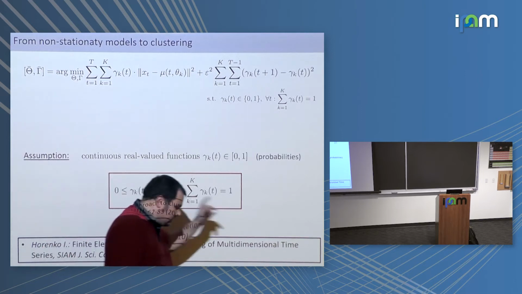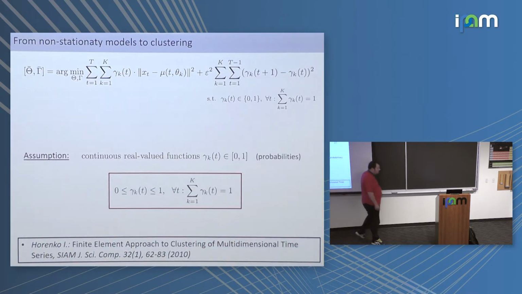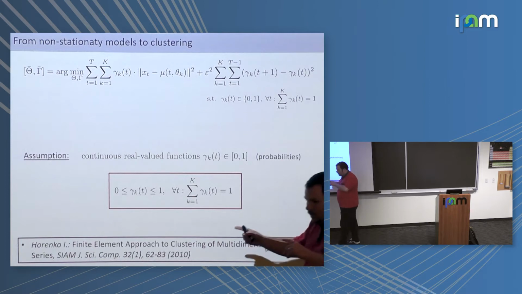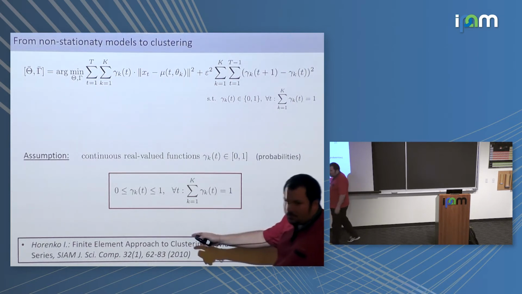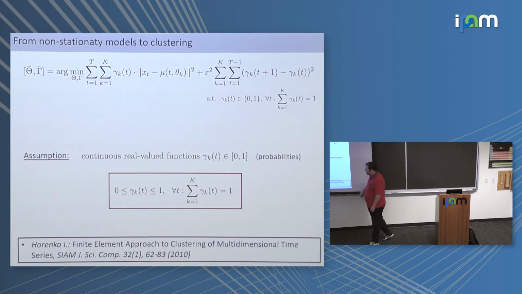Actually, in this case, these gammas can be considered to be probabilities of the point belonging to the regime. So we will not make hard clustering like 0 and 1, but now we will consider the probabilities of belonging to the given cluster. And on the other hand, the solution of the continuous problem is much easier than the solution of the binary problem.